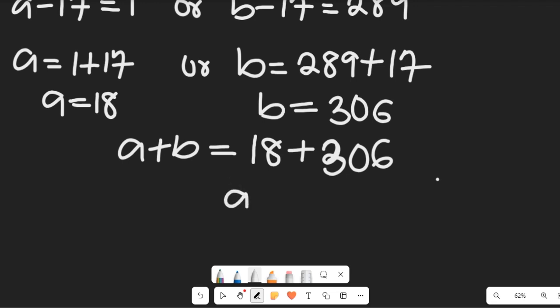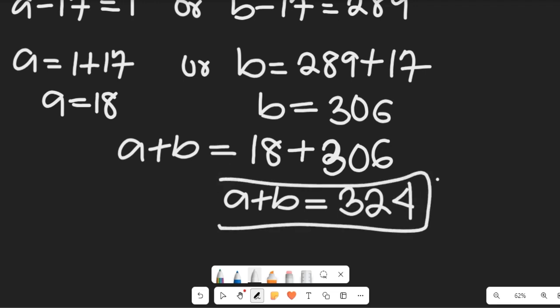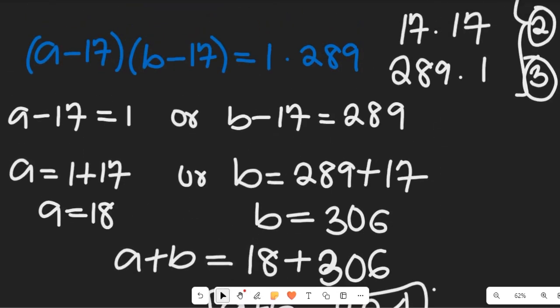So that will give us A plus B equal to 324, right? And that is the value of A plus B from case 1. So we'll have this as our case 1.